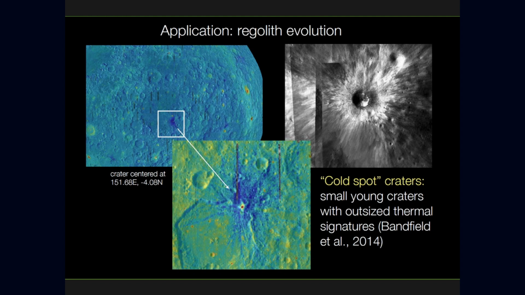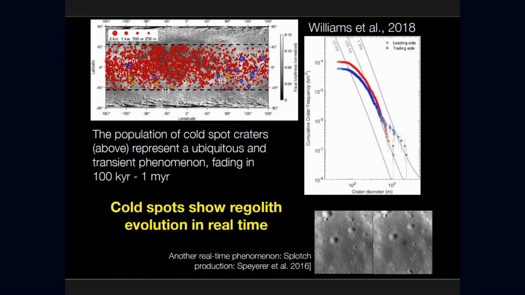And on the next slide, please. Yep. Pierre Williams and some other people have further investigated these features and found that they represent a very important time marker in the evolution of the lunar surface. They found several thousand of these cold spots, shown in the upper left from a paper by Pierre Williams in 2018.